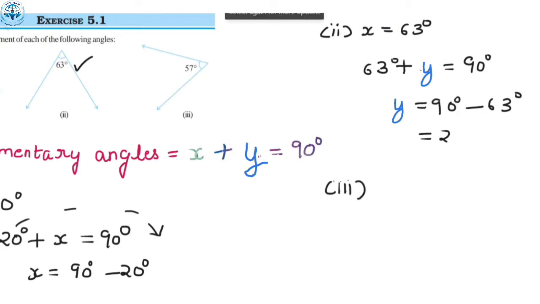We will proceed with the next one. The value of x is given as 57 degree. The same method will be used here. We will find the complement of 57 degree by finding the value of y.